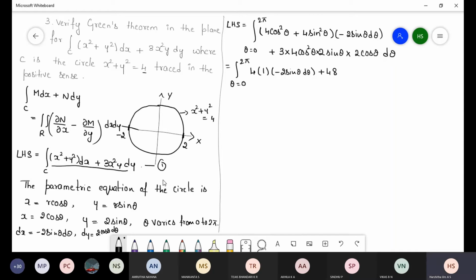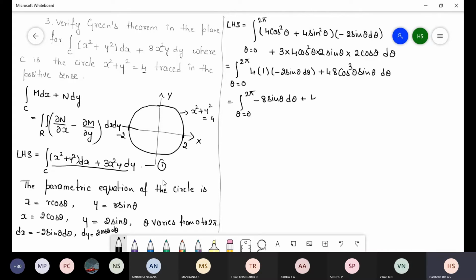So we get cos square times cos theta, meaning cos cube theta sin theta d theta. Again theta is 0 to 2 pi, minus 8 sin theta d theta.